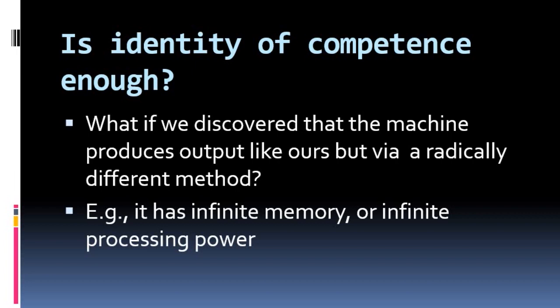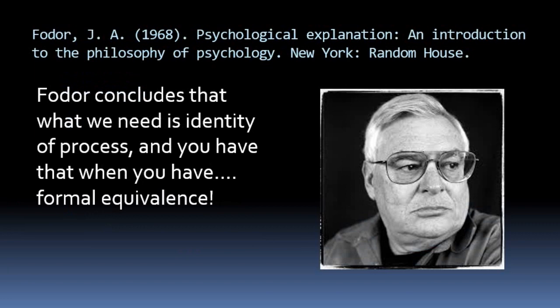Okay. So, Fodor is going to conclude from these arguments. Just to review, his argument was, look, identity of performance is not enough, because you're not going to look at your MP3 player, a dated reference, delivering a podcast and be like, wow, this MP3 player knows a whole lot about the Syrian civil war.